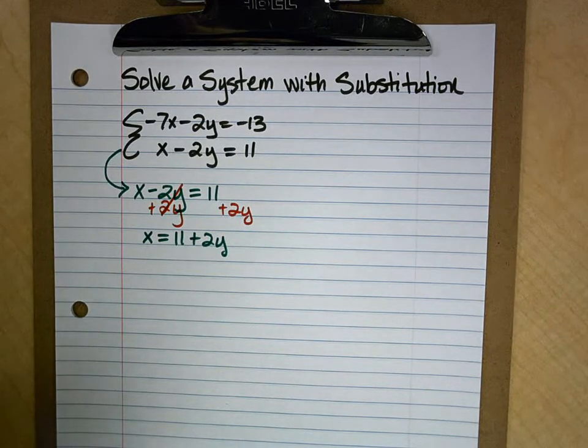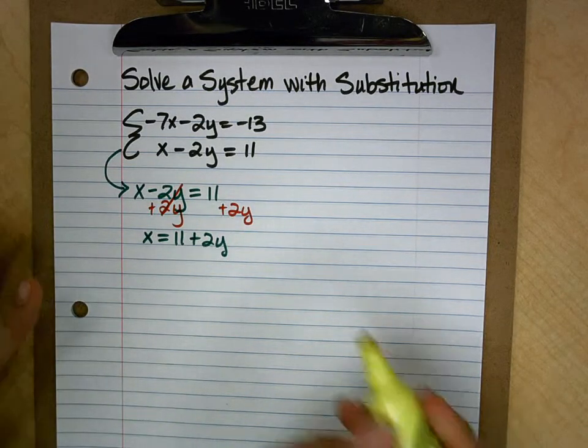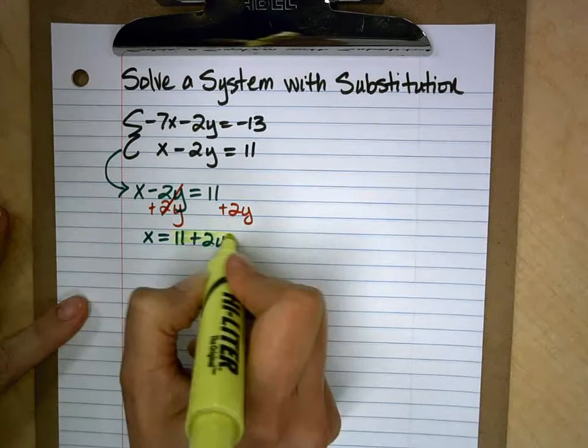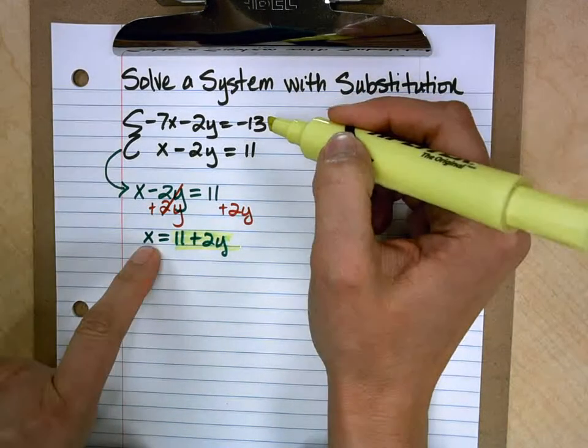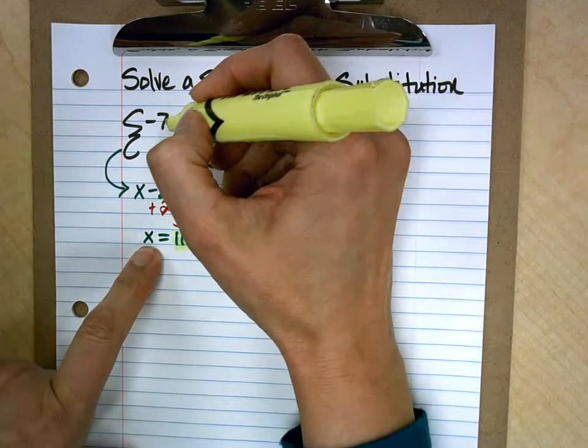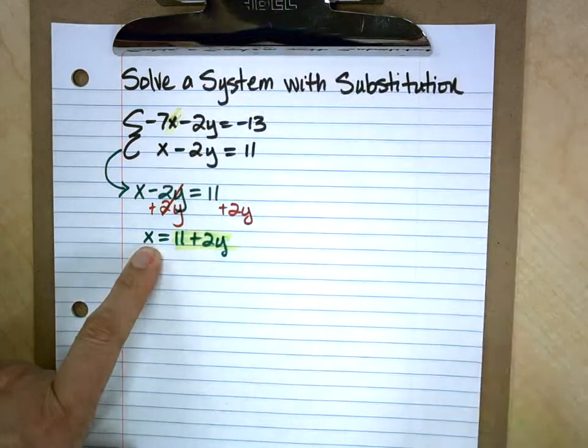Now the next step is to substitute this expression into the opposite equation for the variable that I've isolated. So it's going to get substituted right up here into my x.